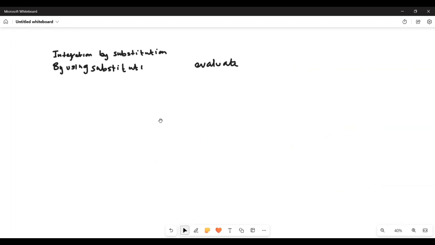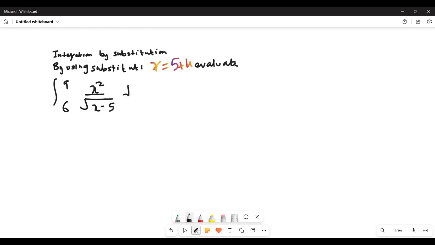Okay, so by using the substitution, x equals 5 plus u, we have to integrate from 9 to 6 x square upon square root x minus 5 dx.